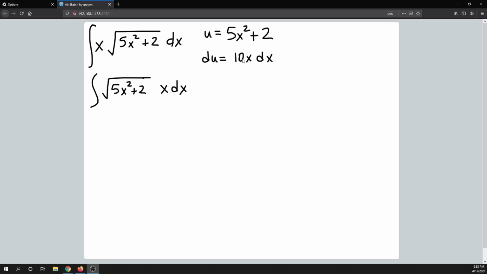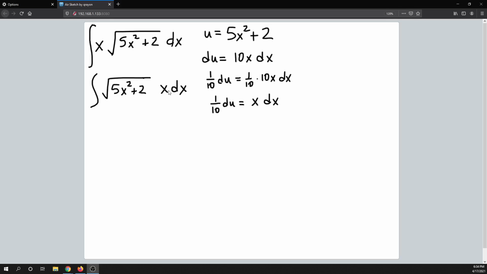The 10, though, because it's a constant and doesn't involve an x or a u, is pretty easy to deal with. What I'm going to do is multiply both sides of this equation by 1/10. And so you can see I get 1/10 du is equal to x dx. And that's very helpful because that's exactly what I need to account for over in this integrand.